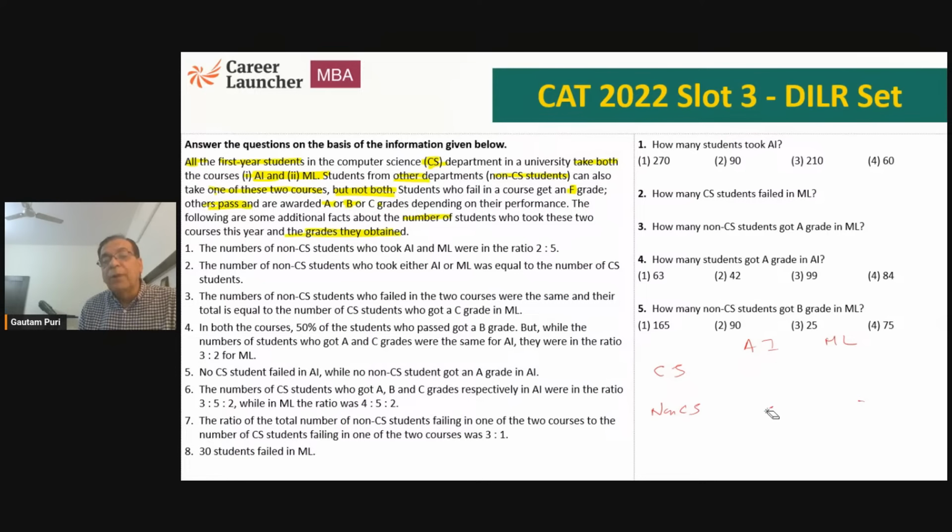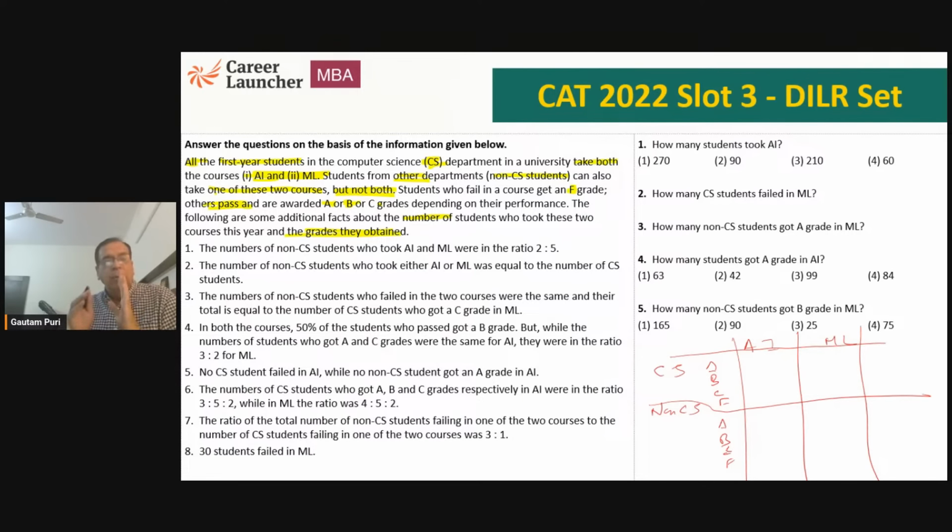In addition, based on their performance they'll get certain grades: A, B, C, or F, and similarly for non-computer science also A, B, C, or F. So what is this telling me? In a way, it is telling me there may be a tabulation of data or a layout that I will have to do.